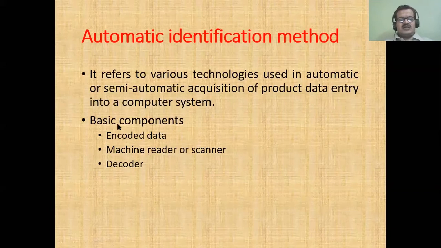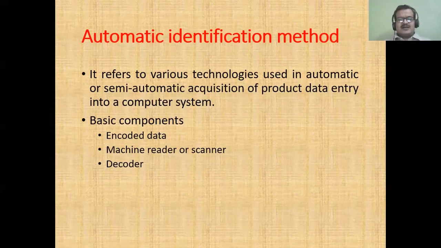So what are the basic components of automatic identification method? First one is encoded data. So barcode data is being encoded. People are not able to see by their eyes. Can you identify what is there in that barcode? No. So it is encoded data.